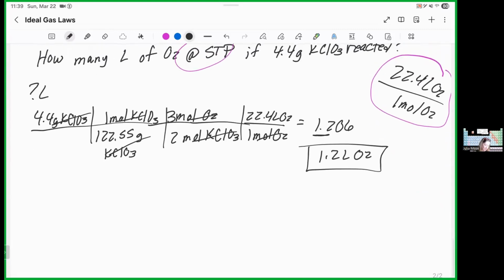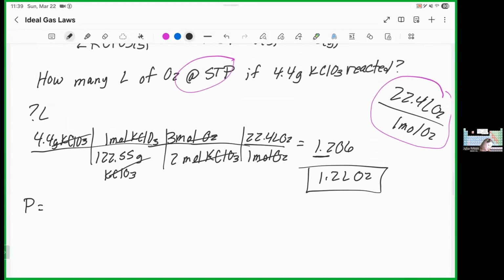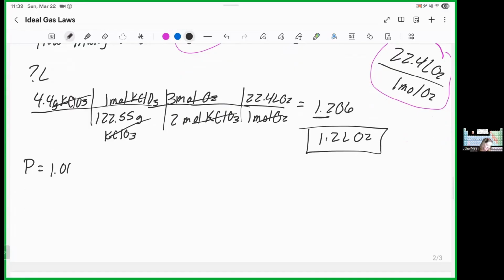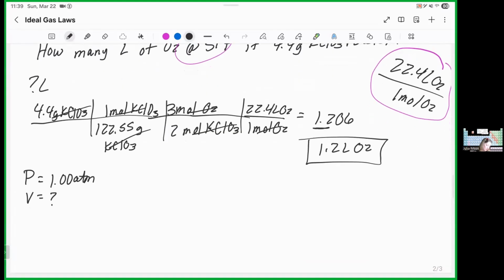You could have done that with a gas law, saying that your P is equal to standard pressure, which is 1.00 atm. Your volume is what you're looking for. Your n you're going to get from the same math right up until we get to moles.